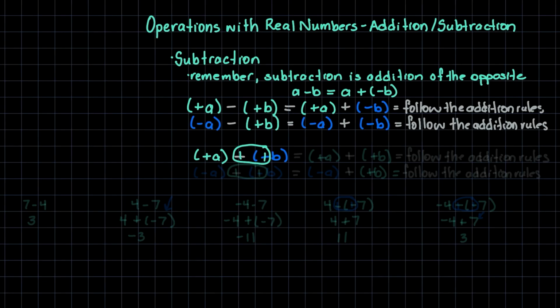So now what that means is I have some positive value A plus some positive value B. And again, now I have a positive plus a positive. We follow the addition rules.